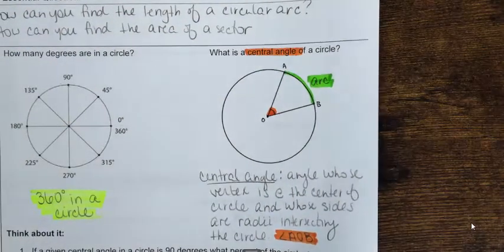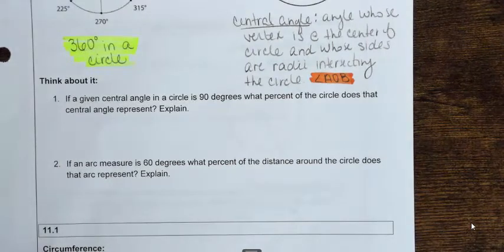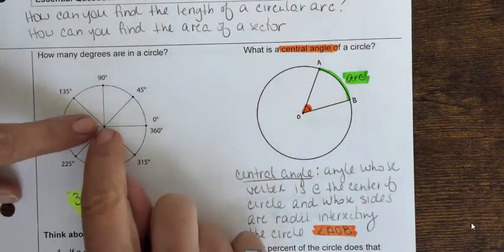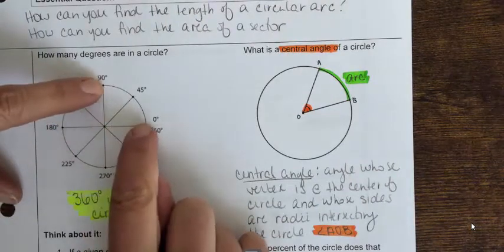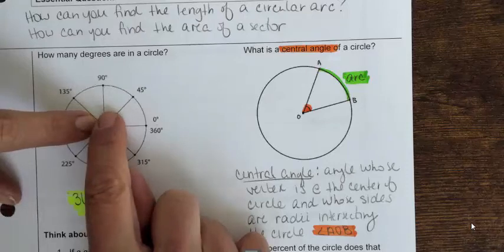All right, I have a couple things for us to think about. If a given central angle in a circle is 90 degrees, what percent of the circle does that central angle represent? For example, the central angle that uses these two radii right here would be a 90-degree central angle.